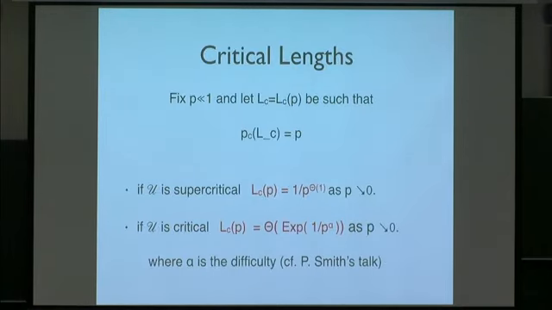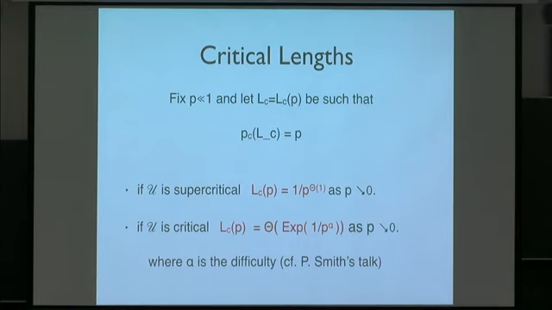Okay. So for what I want to say about kinetically constrained models, it is more convenient to reformulate everything not in terms of the critical probability, but in terms of a critical scale. Imagine that you fix a very small number p, and call L sub c the critical scale, such that the critical probability is equal to p.